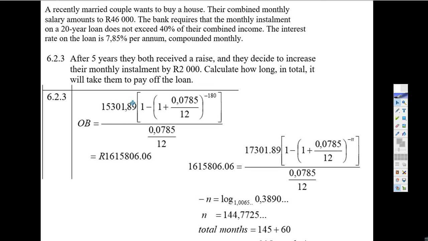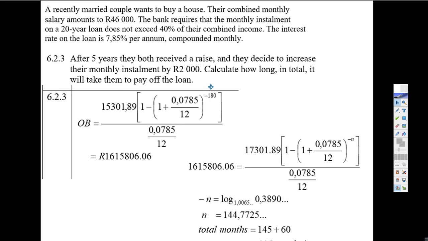So to find an outstanding balance, you put in the payment, you put in the interest exactly like that, but 5 years' worth of payments are gone.